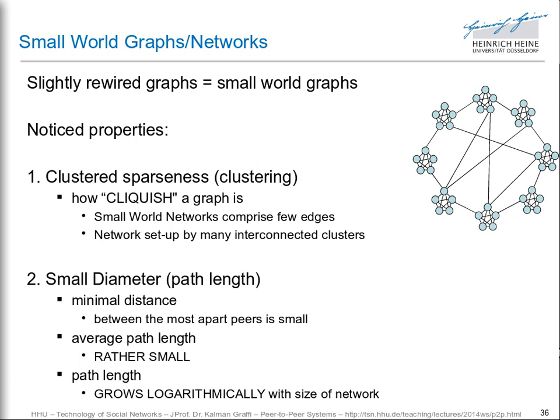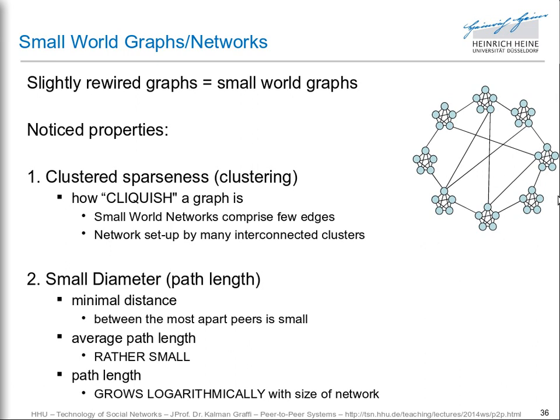You can imagine that those cliquish graphs represent social circles, where friends are tightly connected, and between those tightly connected circles, for example this one and this one, there exists only one edge. So between those tightly connected circles, there are just a few connections.